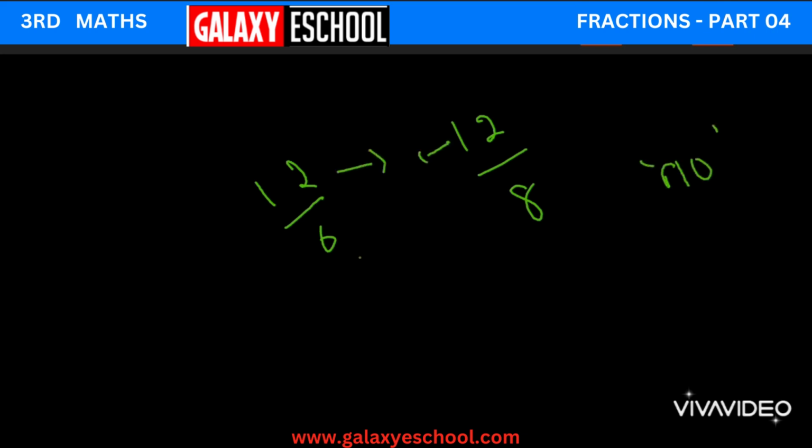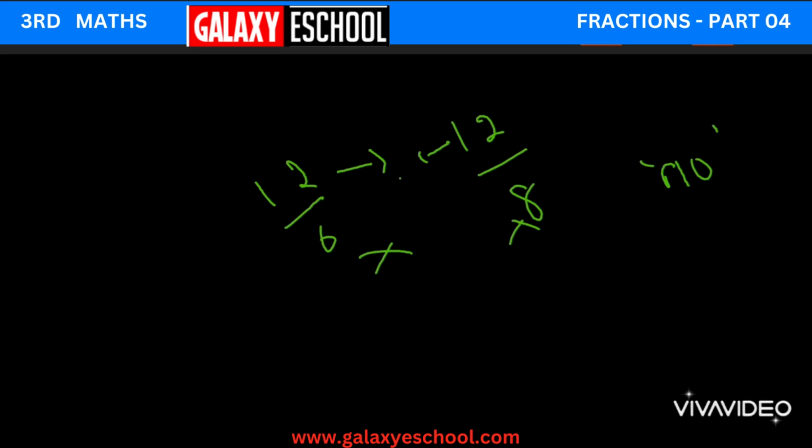Okay, and children, this is applicable only to like fractions where the denominators are the same. Suppose I have 12 by 6 and 12 by 8. Are these like fractions? No, children, these are not like fractions. Why? Because here the numerators are the same, but the denominators are not the same. The denominator should be the same, not the numerators.